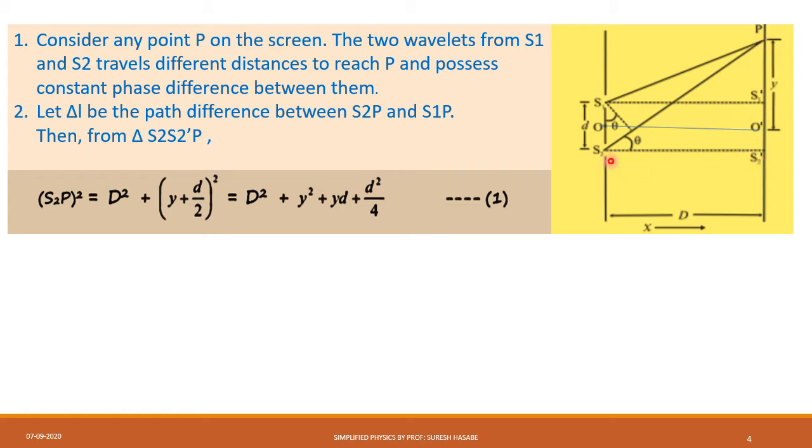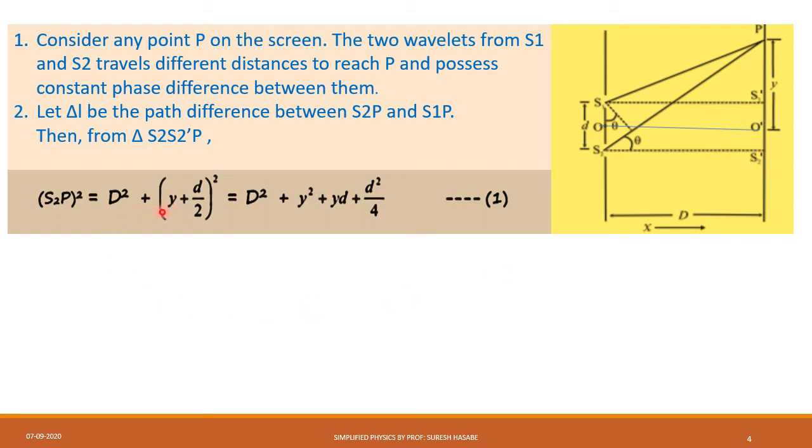Directly we can say S2 to S2 dash is the distance capital D. P to O dash is the y distance, and O dash is the midpoint, and this is the d distance, so this distance is d by 2. We get S2P squared equal to D squared plus y plus d by 2 whole squared, by applying the Pythagorean theorem.